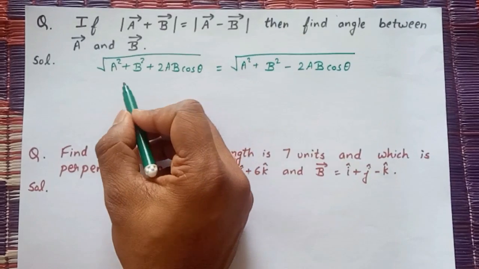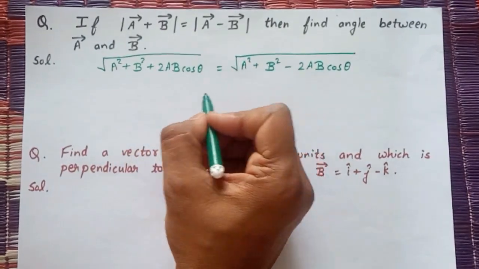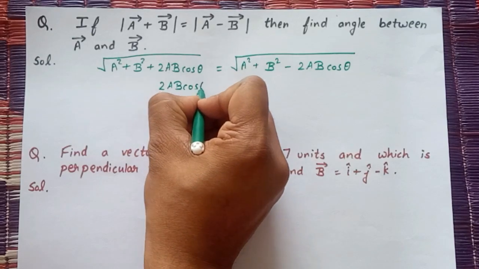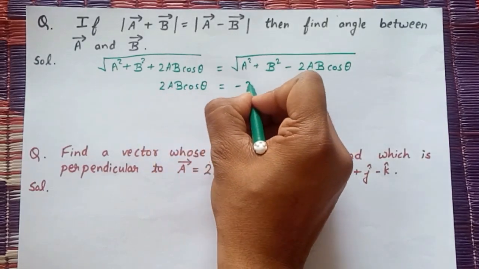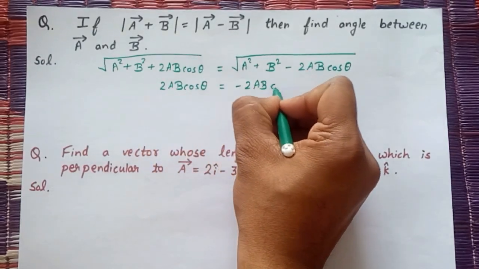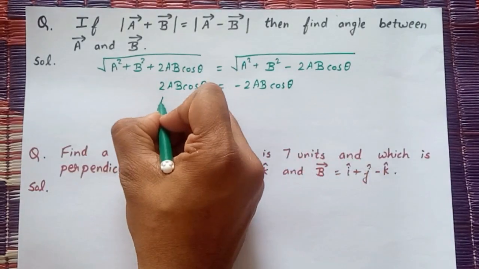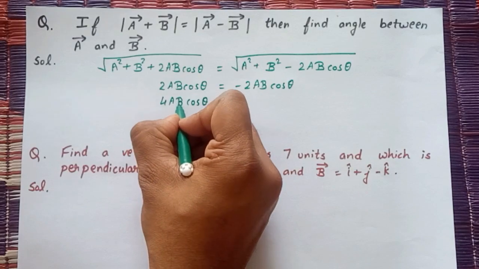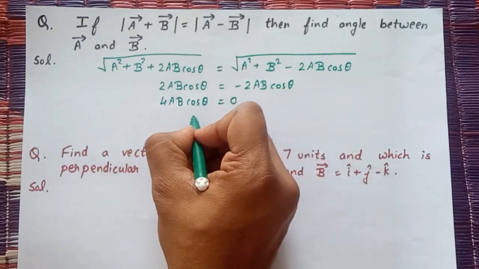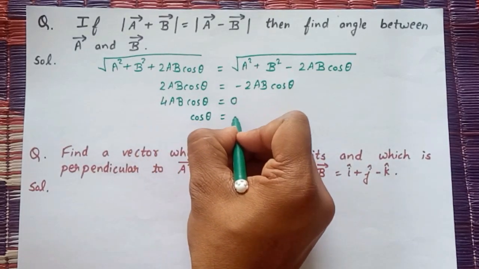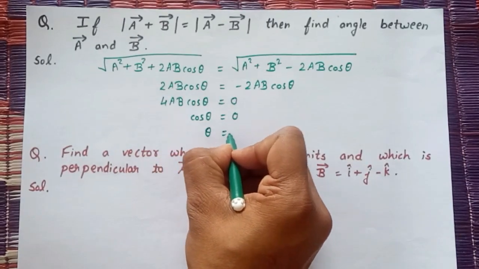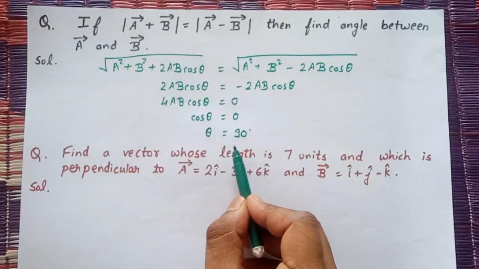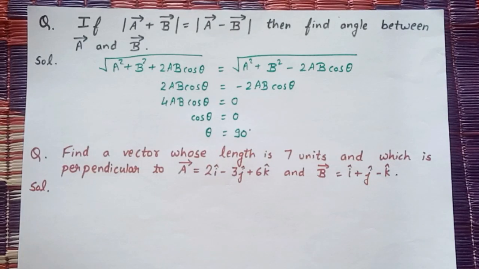Root will be cancelled, a square will be cancelled, and b square will be cancelled. So 2ab cos theta is equal to minus 2ab cos theta, or I can write it as 4ab cos theta is equal to 0, or cos theta is equal to 0, or theta is equal to 90 degrees. So a and b both will be perpendicular to each other.